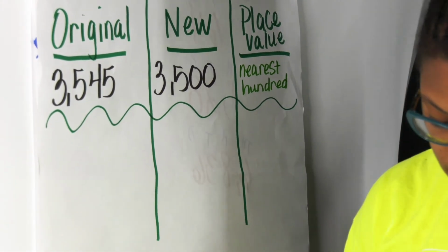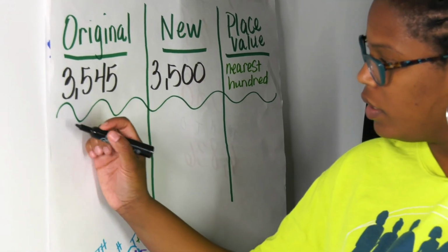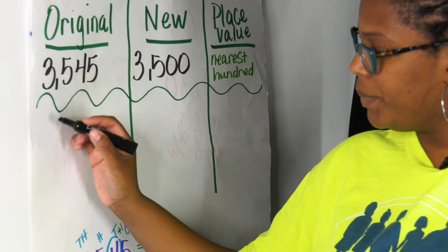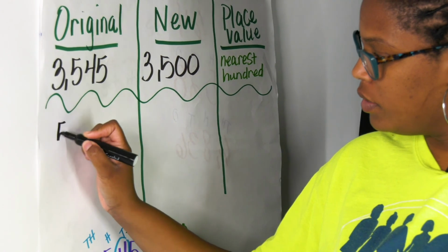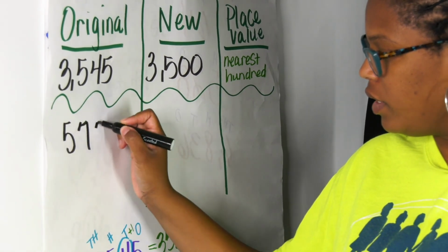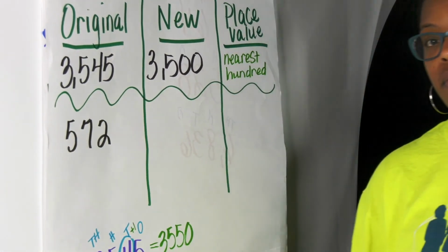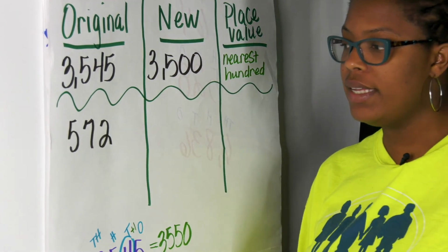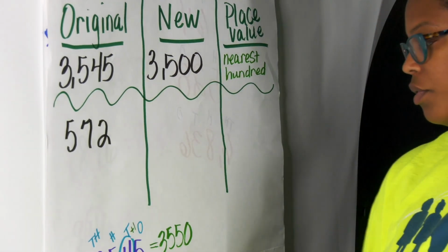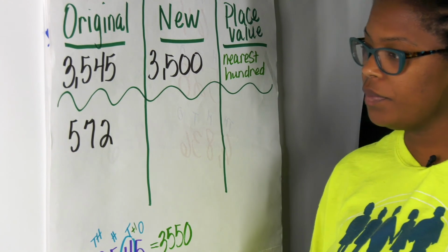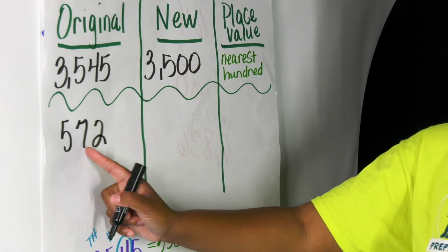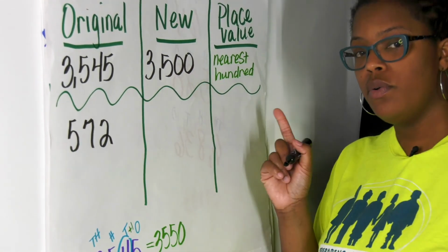So our original number, 572, is our original number. When this number is rounded to what place value, we're going to figure out.